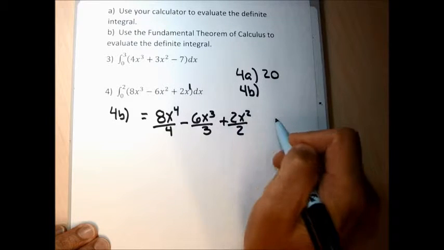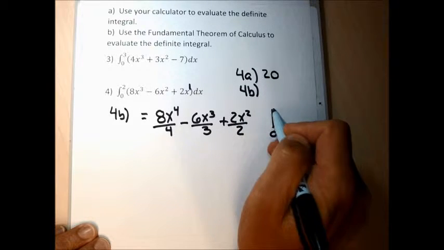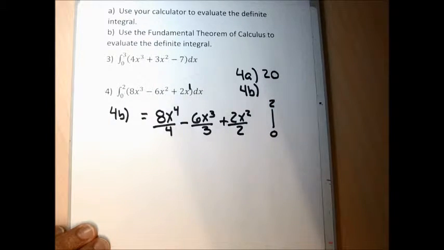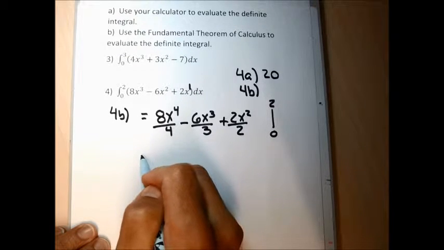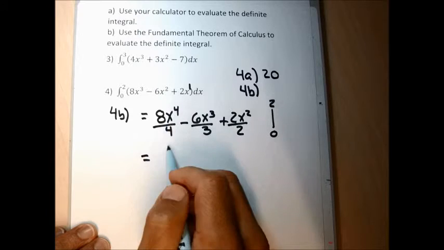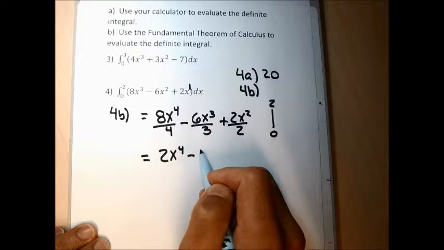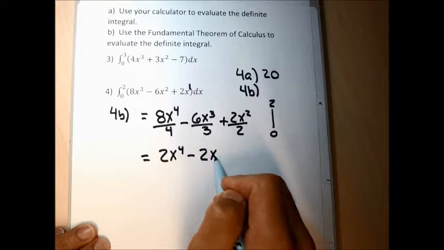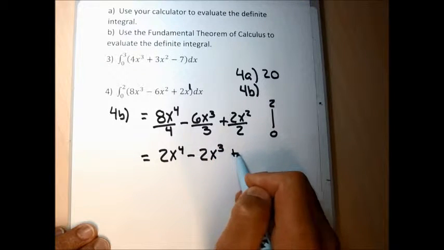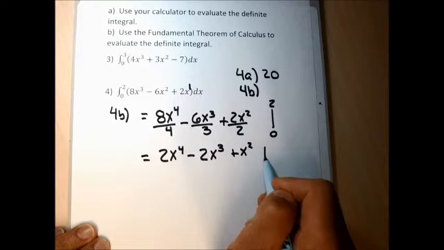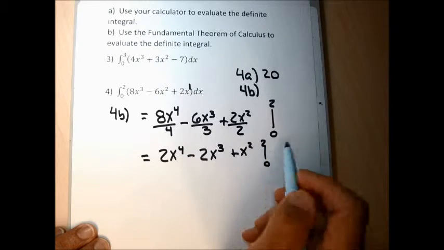I don't need the plus c in this section because it would cancel out when I plug the numbers in anyways. But I do need to keep in mind 0 to 2. I'm going to write that off to the side, but I'm not going to plug them in until I simplify this. The first comes out to 2x to the 4th. The second comes out to minus 2x cubed. The last comes out to positive x squared.